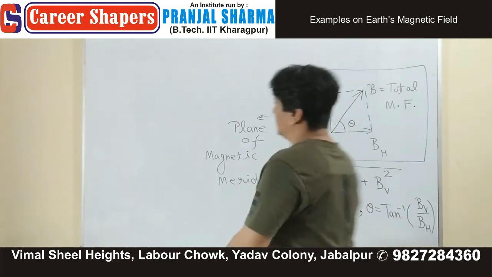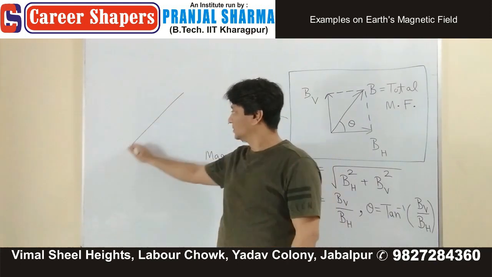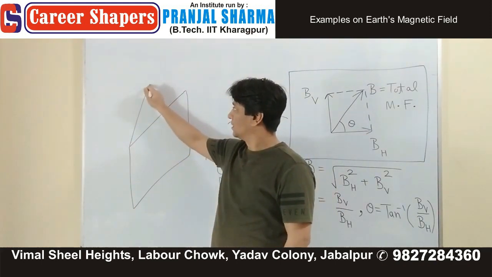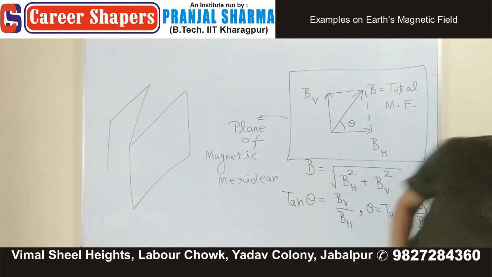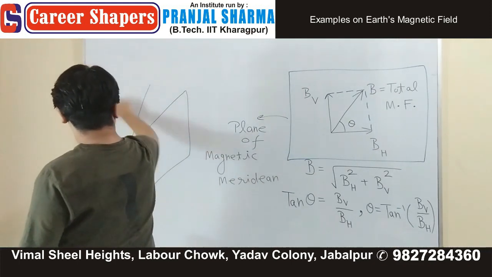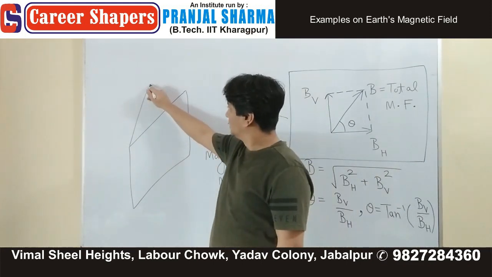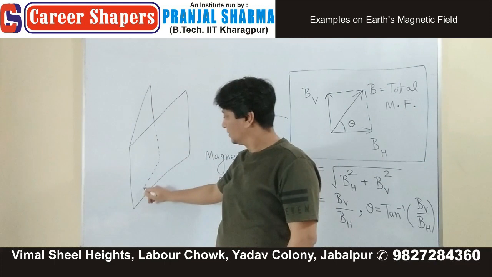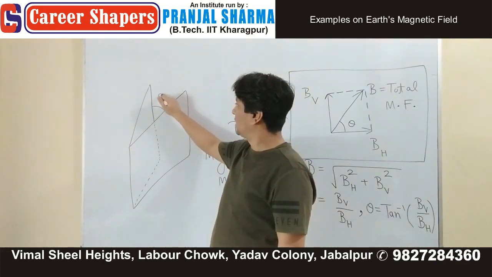Now, suppose we have a different plane. If we have a different plane, the angle between these two planes is phi.